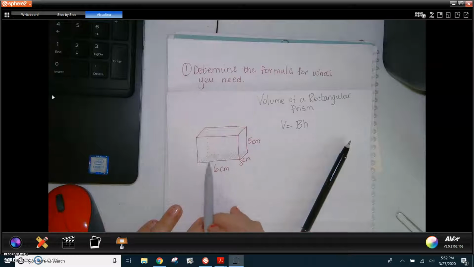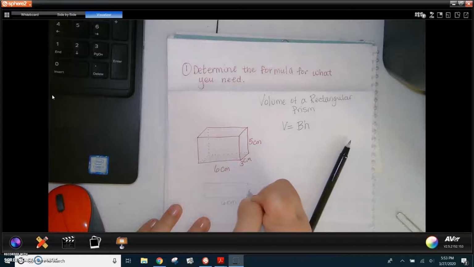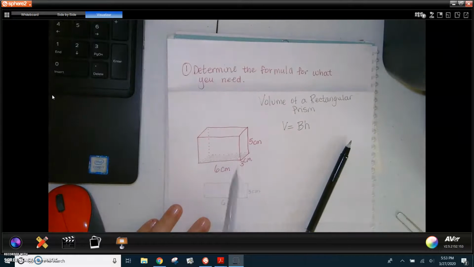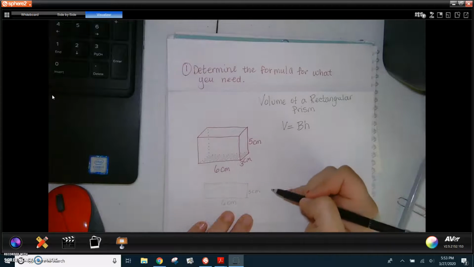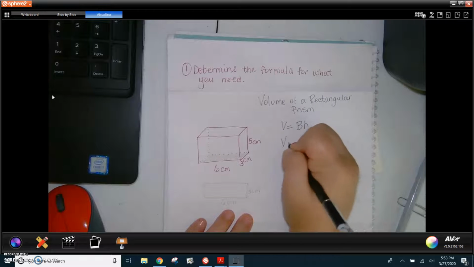So the shape of the base would be like the same thing as a rectangle, and you would have 6 centimeters by 3 centimeters. So if you can try to imagine the bottom of this box here being the shape of a rectangle, it was 6 by 3.